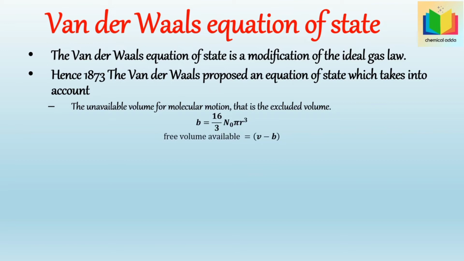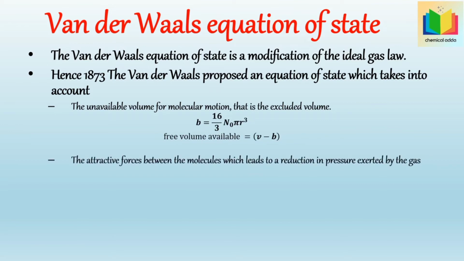Now, the second point considered by van der Waals is the attractive forces between the molecules, which leads to a reduction in the pressure exerted by the gas. So, while deriving the ideal gas law, it is assumed that there are no intermolecular forces of attraction between the molecules. But in real gases, such an assumption is not valid, since there are forces of attraction and repulsion between any pair of molecules.